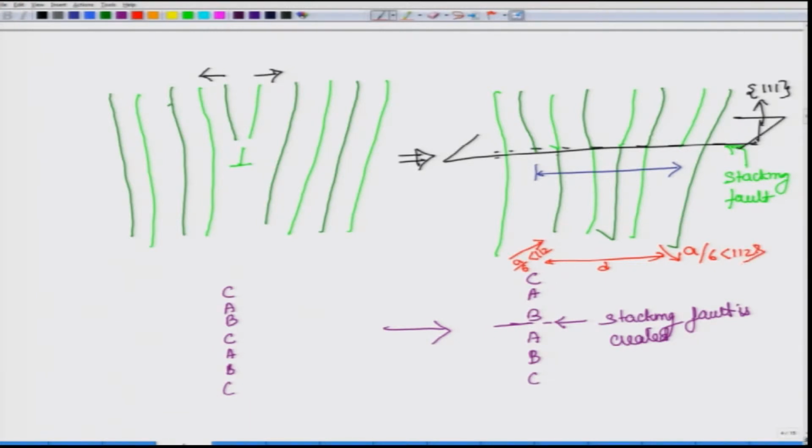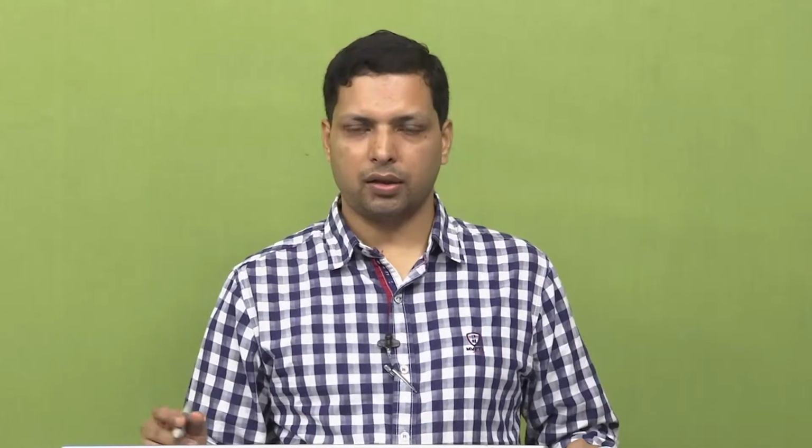So, this whole system is called an extended dislocation. This whole thing is called the extended dislocation, and for most of the cases it will act like one unit. So, if you apply stress, it will move simultaneously and so on.